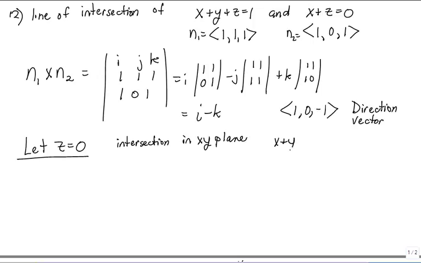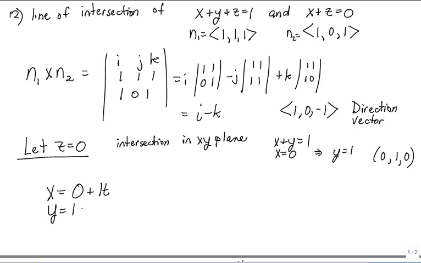So we get x plus y equals 1 and x equals 0, but then that means y equals 1. So we have the point (0, 1, 0). So we have x equals 0 plus 1t, y equals 1 plus 0t, and z equals 0 minus 1t. So x equals t, y equals 1, z equals negative t. Those are the parametric equations for the line of intersection.